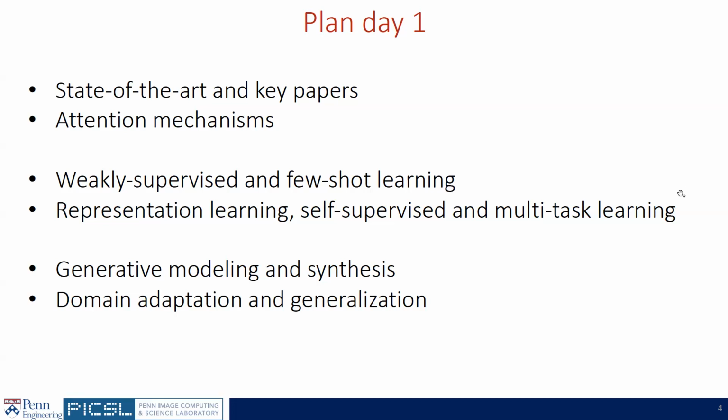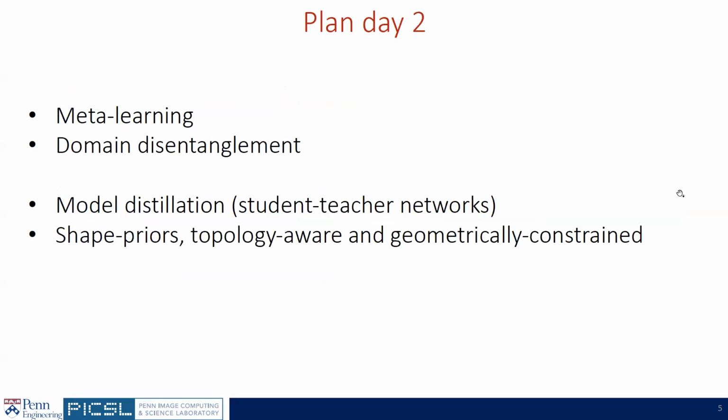The next time we'll go a bit deeper into what domain disentanglement and meta-learning are. These are again methods to solve the data covariate shift in medical images. We'll wrap up day 2 with some of the work that we are doing in the lab, in particular with topology aware and metric constrained architectures.